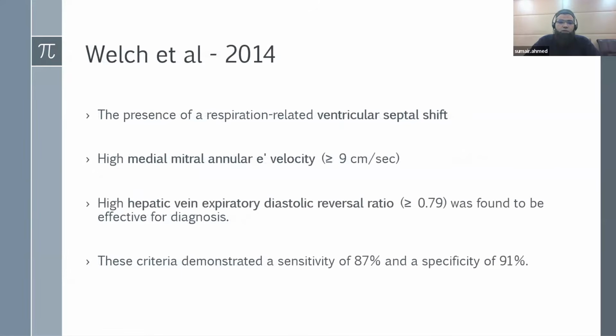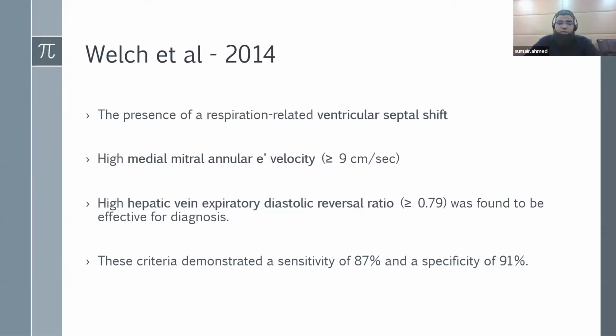This is one of the well-known studies done in constrictive pericarditis, Welch et al., in 2014, which briefly describes the most important features for understanding constrictive pericarditis. These are the presence of respiratory-related ventricular septal shift, high medial mitral annular e' velocity, especially greater than 9, and hepatic vein expiratory diastolic reversal ratio greater than 0.79.